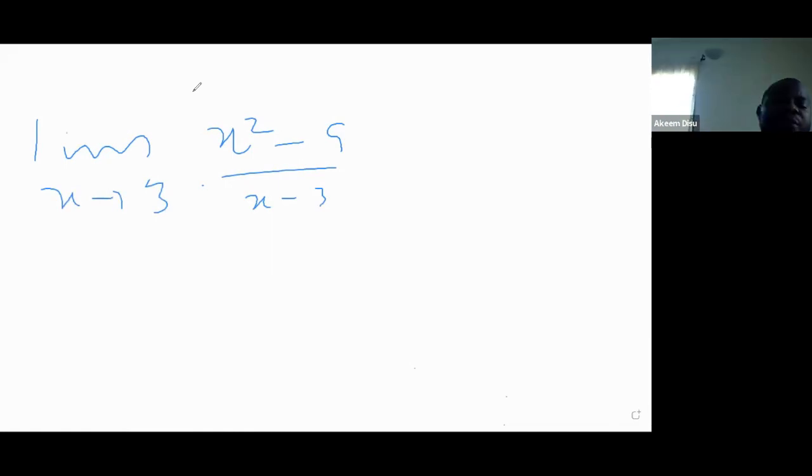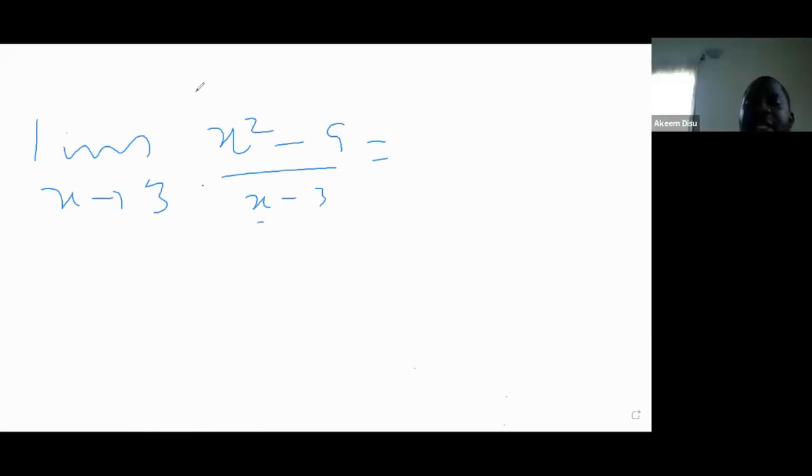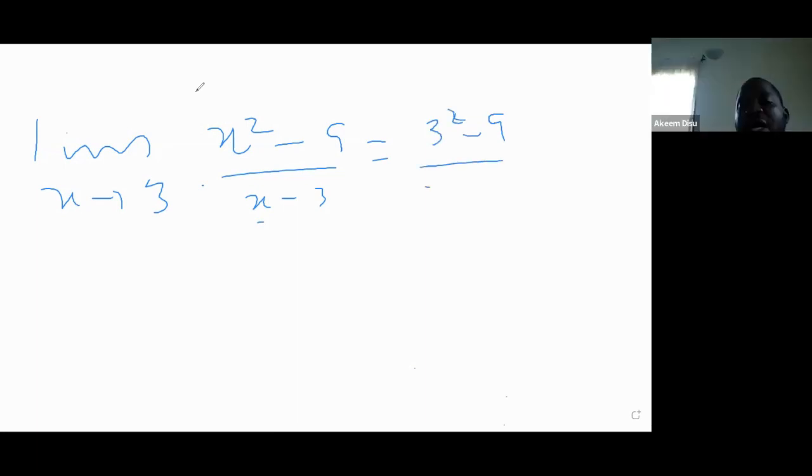If you try to substitute directly, let's try it. If you substitute x as 3 here, that is 3 squared minus 9 all over 3 minus 3. 3 squared is 9.